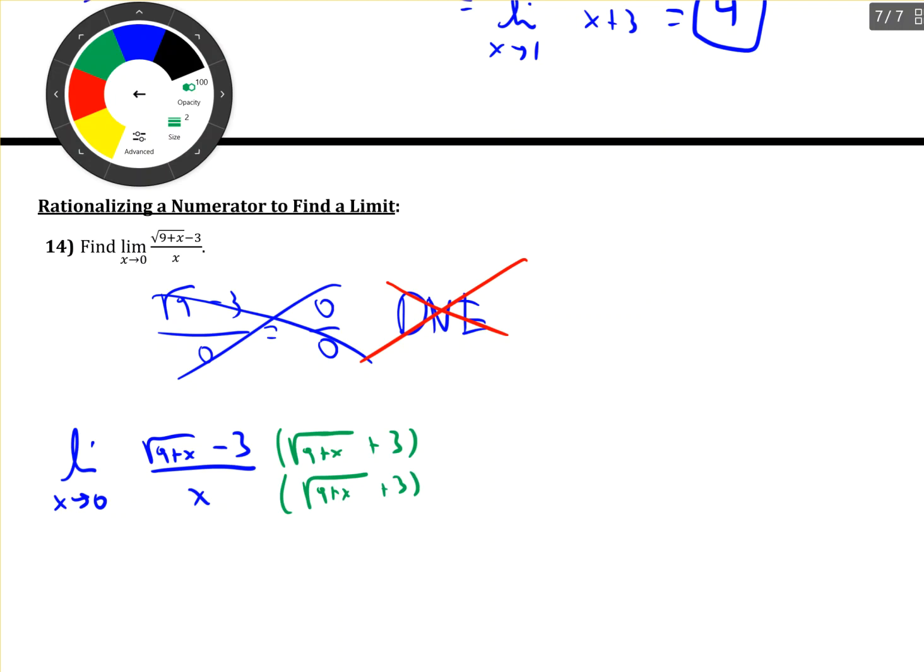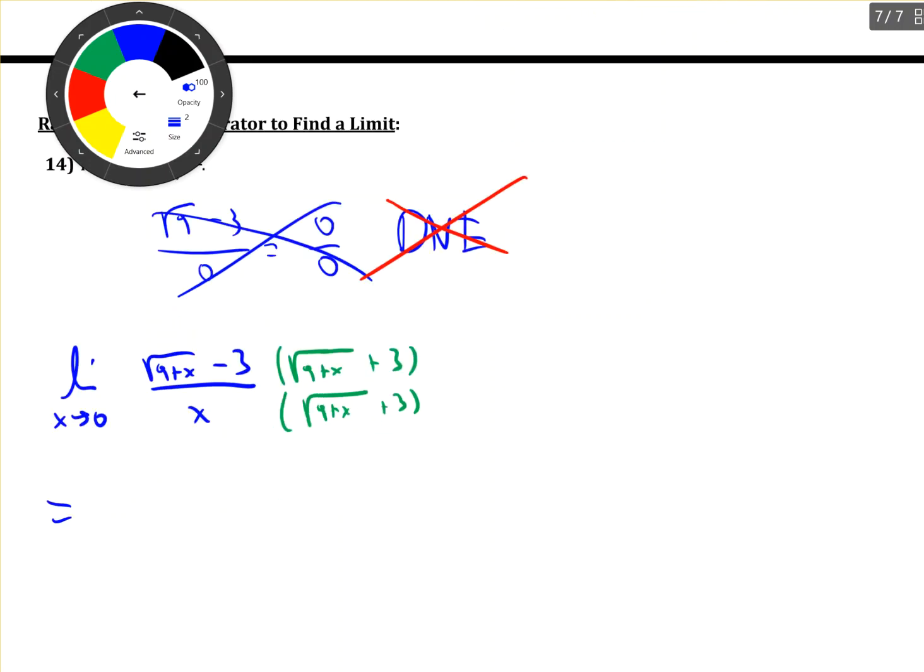Now when I do that, I'm going to get the limit as x goes to 0. Square root of 9 plus x times square root of 9 plus x is 9 plus x. The outside and the inside terms cancel off, and then I get minus 9. So I've got 9 plus x minus 9. On the bottom, I'm just going to leave it like this. You could multiply it through if you want, but I'm going to leave it for now.